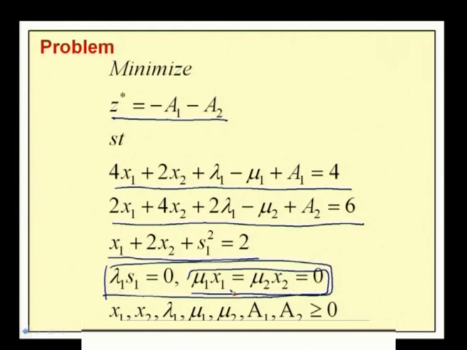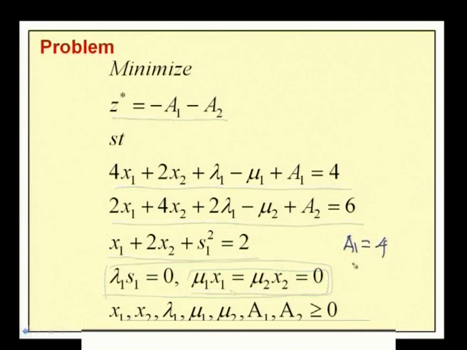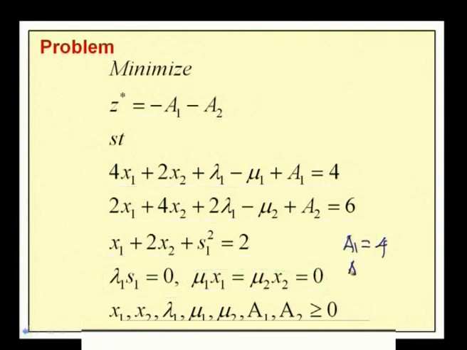Now, from this modified linear programming problem, we got the initial basic feasible solution as a1 equal to 4, a2 equal to 6 and s1 equal to 2. We try to improve the optimal solution from this initial basic feasible solution.